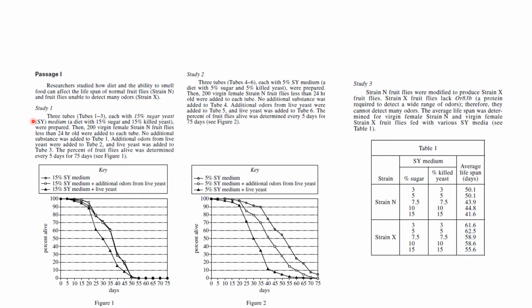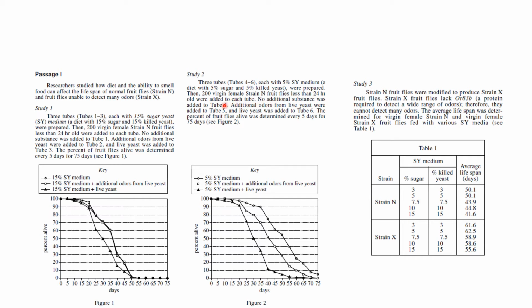So study 1: there are 3 test tubes, 15% SY medium, 200 virgin females, 24 hours, and you're quickly skimming to see what's going on. It looks like the 3 test tubes are described. Study 2: 3 test tubes again, 5% SY medium, so I guess that's the diet, right? So 15 and 5%.